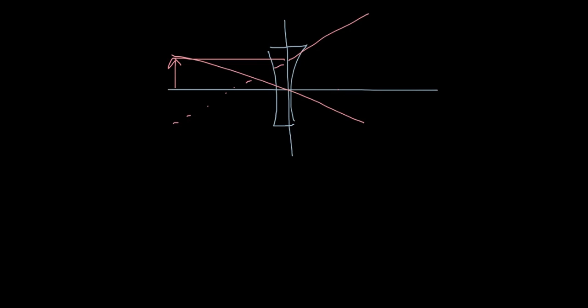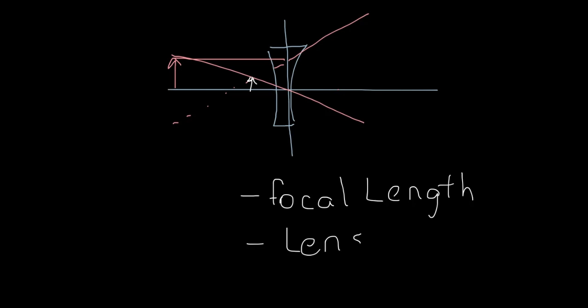Where they meet is your image. So with a diverging lens, it's a little bit different. A diverging or a concave lens has a negative focal length. Or it is called a negative lens. Okay, and this is our concave.